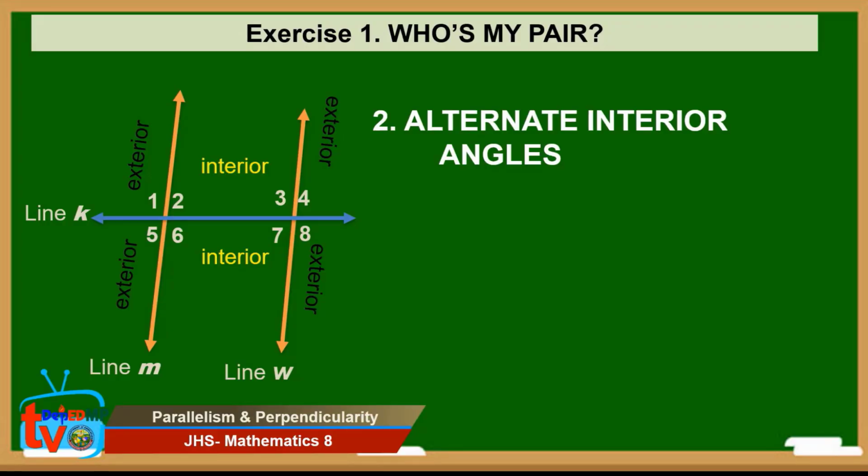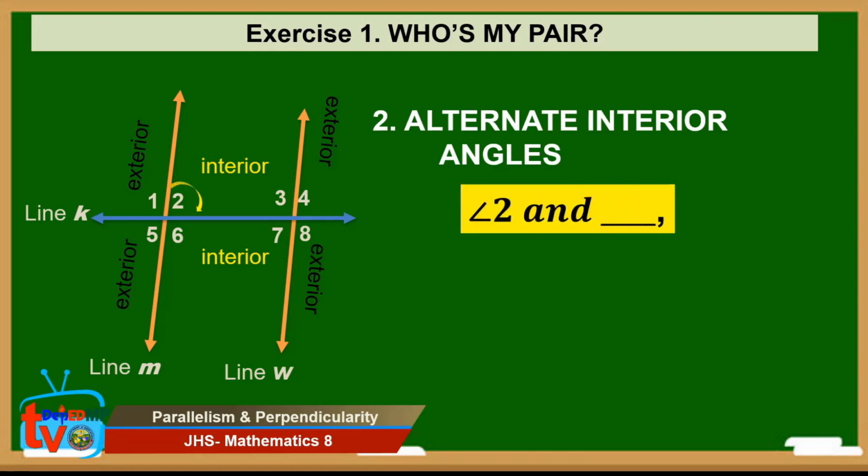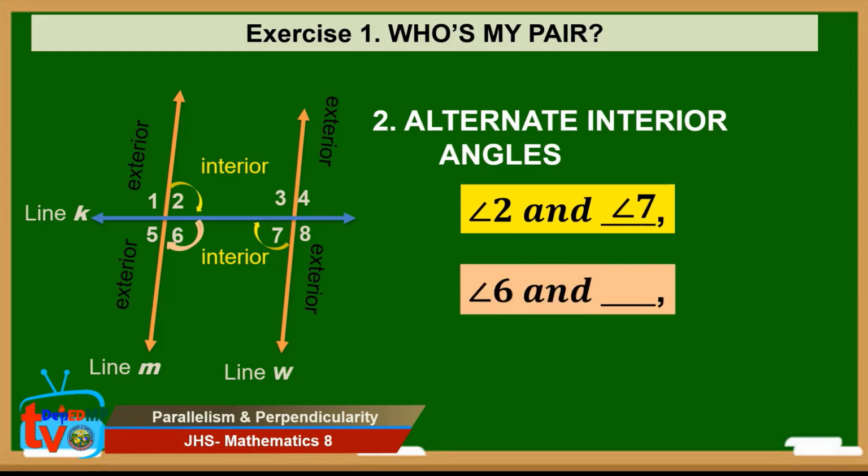Number 2, alternate interior angles. These are two interior angles which are non-adjacent and located on opposite sides of line K. So we have angle 2 and angle 7, angle 6 and angle 3. Very good, you are following fast.